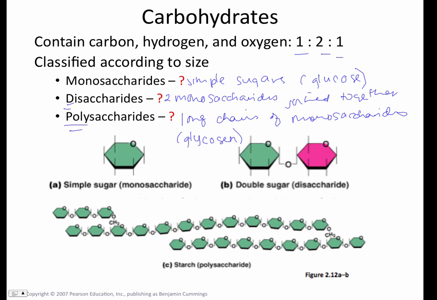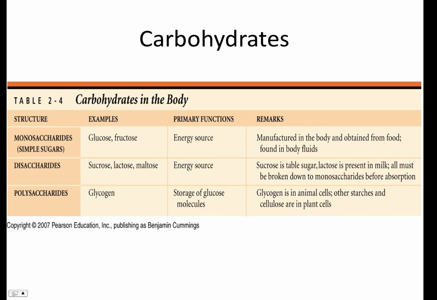So here's that monosaccharide, double or two sugars coming together, disaccharide, and then finally your long chain. So it can be a nice long chain. You can also have branching, so coming off of that. Here are the common carbohydrates that we have in our body, and why are these carbohydrates important?